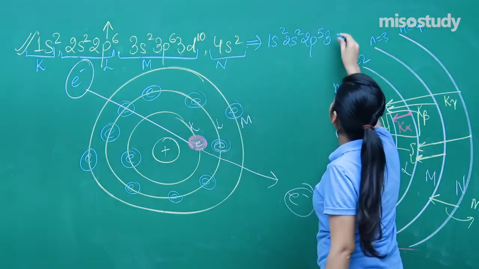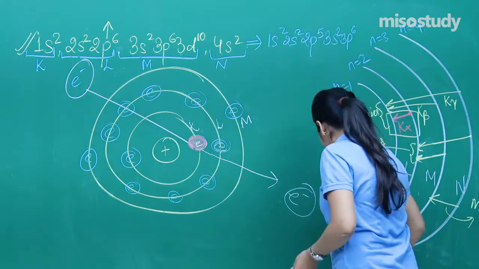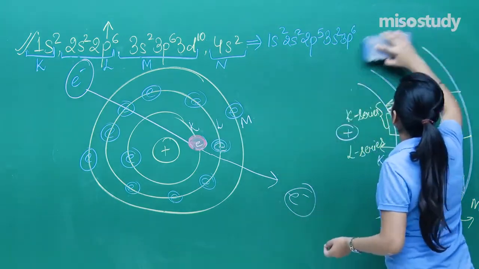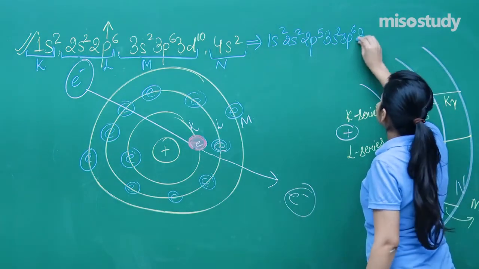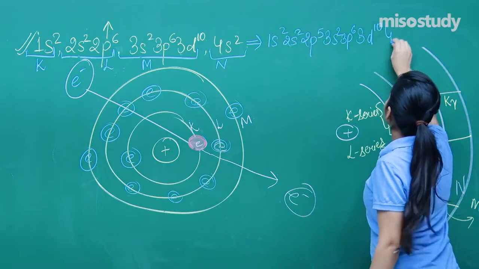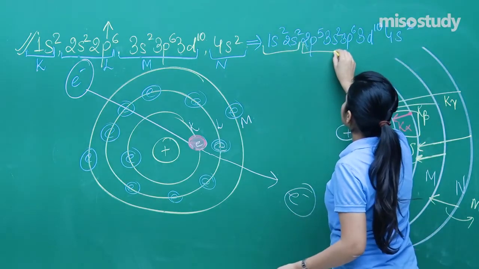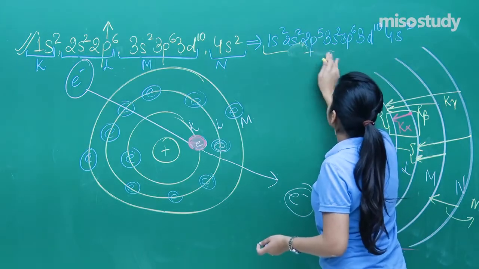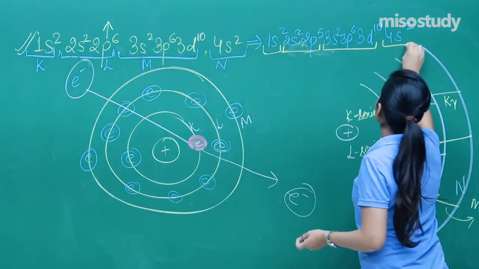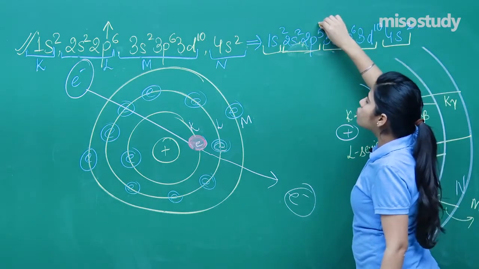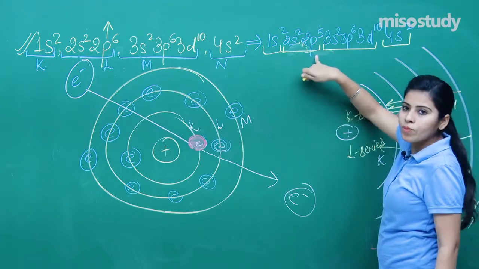So it will be 3s2, 3p6, 3d10 and 4s2. Okay. Now one electron has been removed from here, so it has now become 2s2, 2p5.